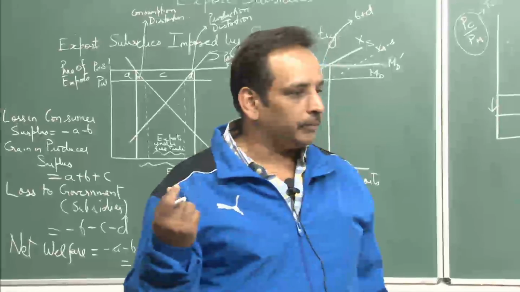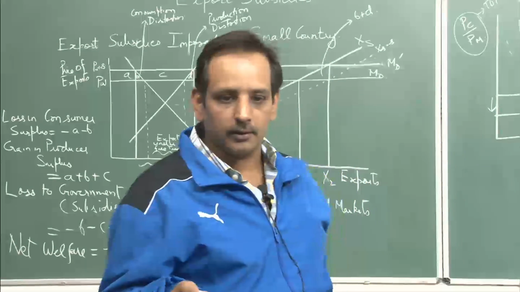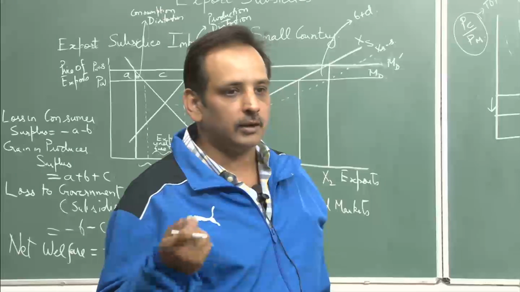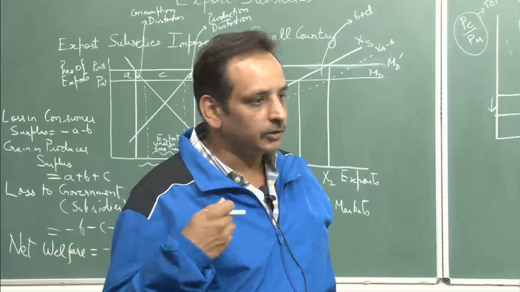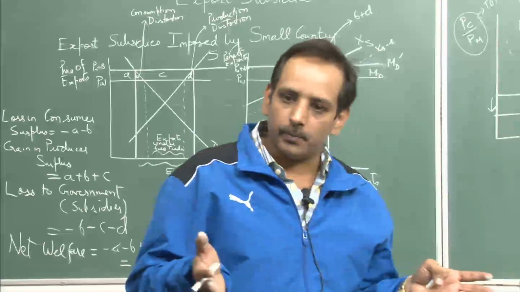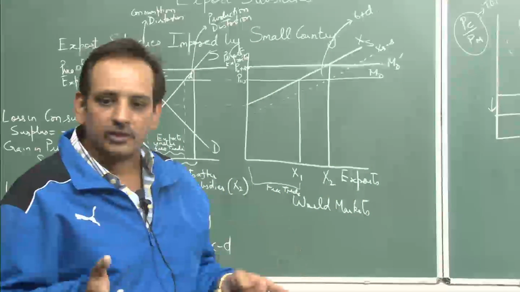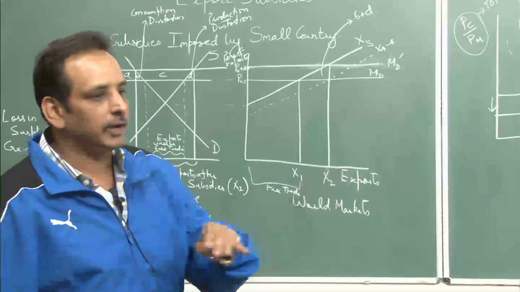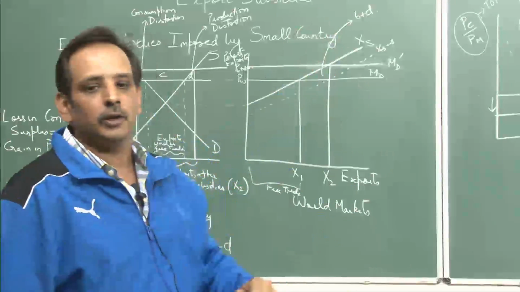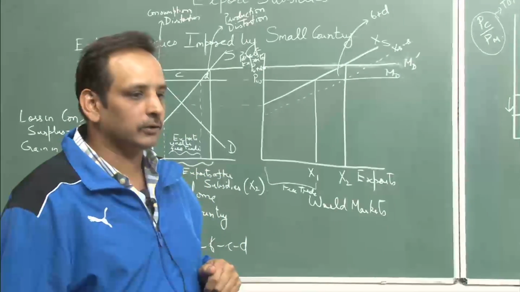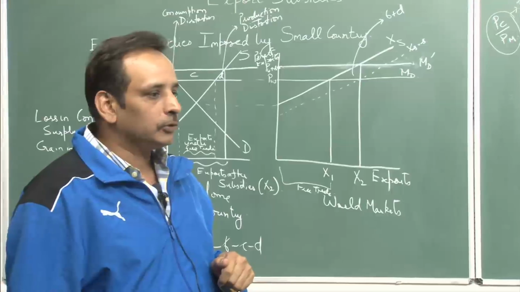and so the terms of trade goes down, and then there are artificial production and consumption distortions. So if you work out the net welfare for the large country, you will see that the net welfare goes down, because the terms of trade fall and there are production and consumption distortions.